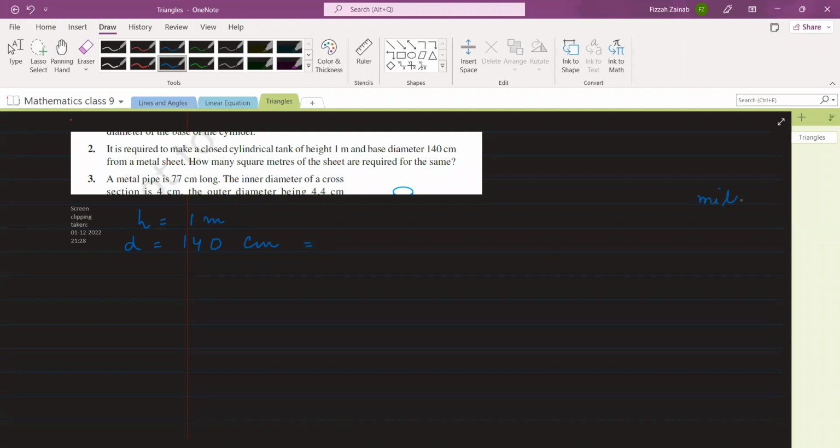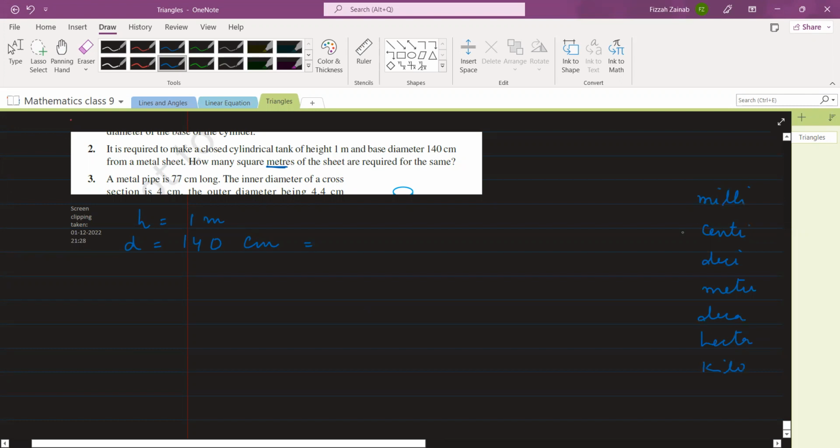So again, milli, centi, deci, meter, deca, hecta, kilo. You want to go from centimeter to meter. So that means 1 step, 2 step. So 140 divided by 2 zeros. Now it will be in meter. You are going towards a bigger unit, so you will divide. Keep it like this because you want radius.